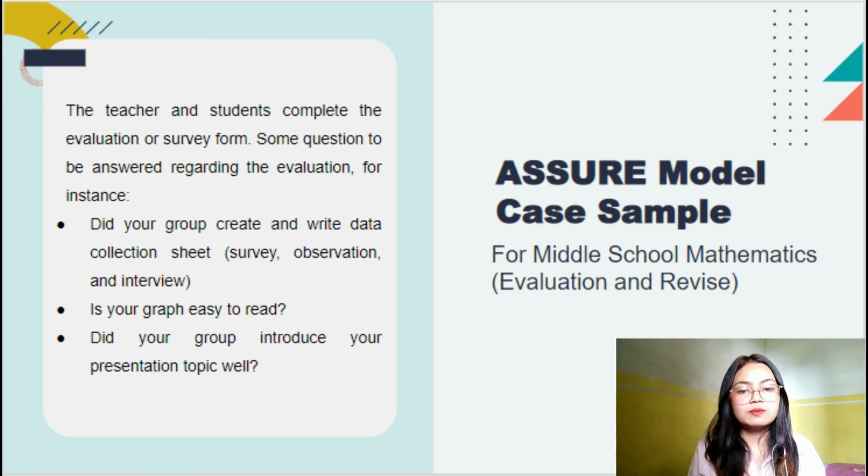Some questions to be answered regarding the evaluation, for instance, are: first, did your group create and write a data collection sheet such as a survey, observation, or interview? Second, is your graph easy to read? Third, did your group introduce your presentation topic well?